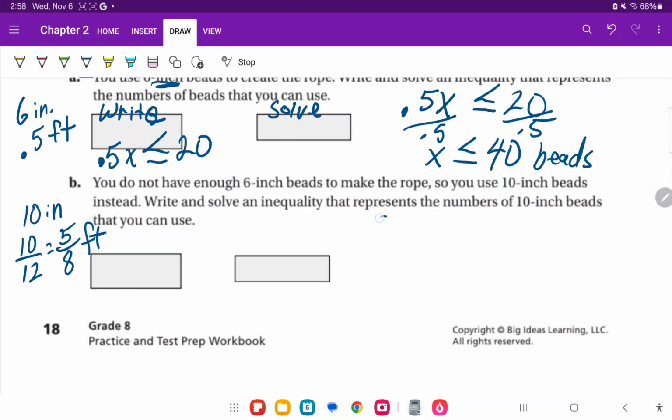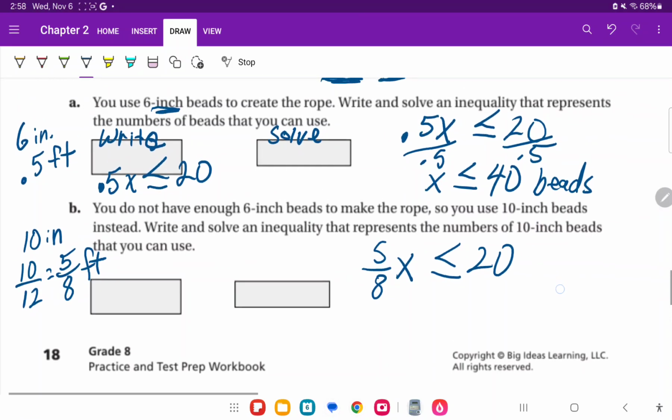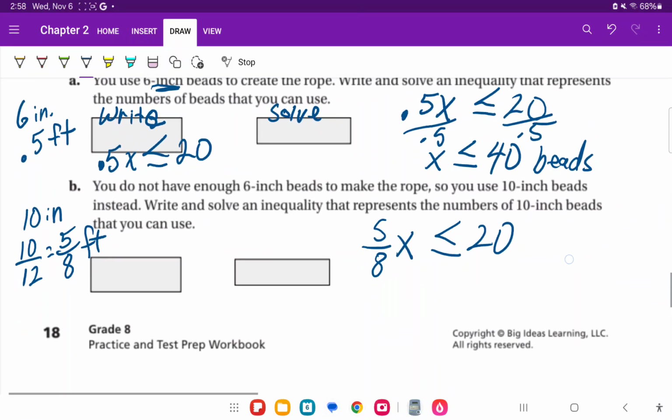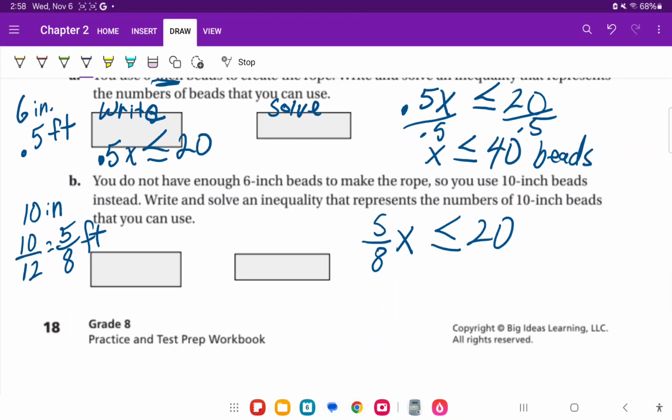So we're going to go 5/8 x is less than or equal to the 20 feet long.